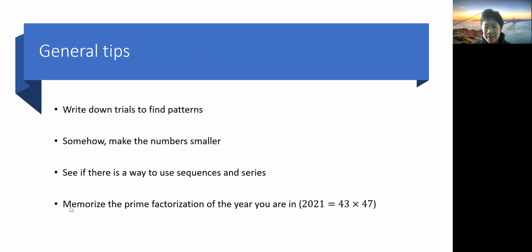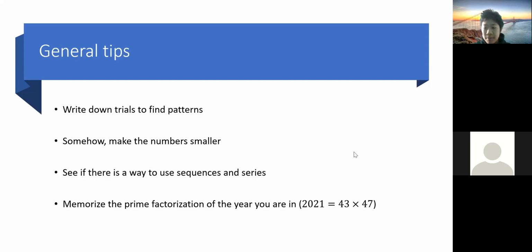And the final one is basically a given that you have to do before every math competition: memorize the prime factorization of the year you're taking the test in. This year is 2021. That is 43 times 47, which is very fascinating, right? In a lot of math competitions, you're going to have to use the prime factorization of the year.